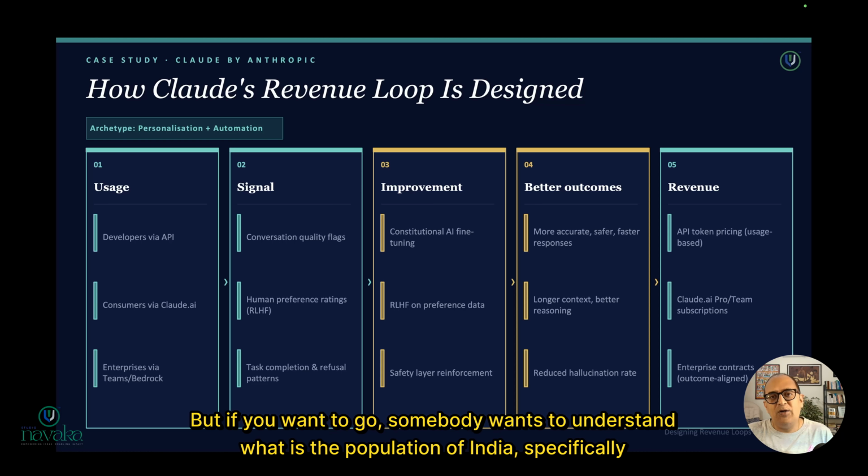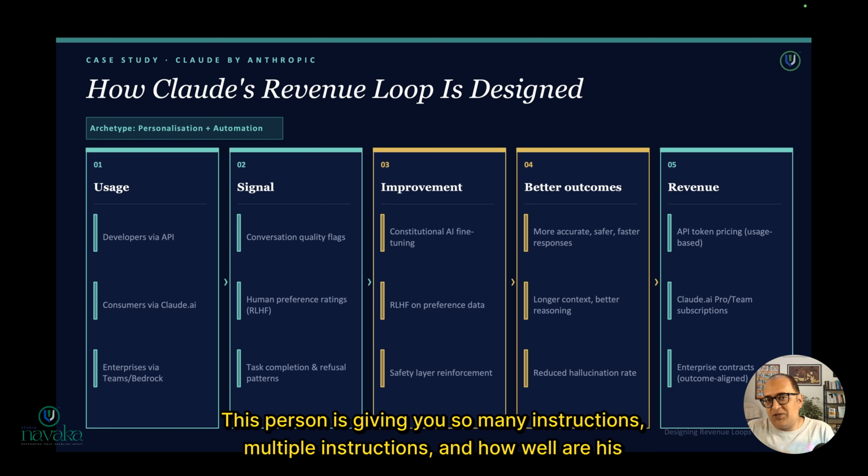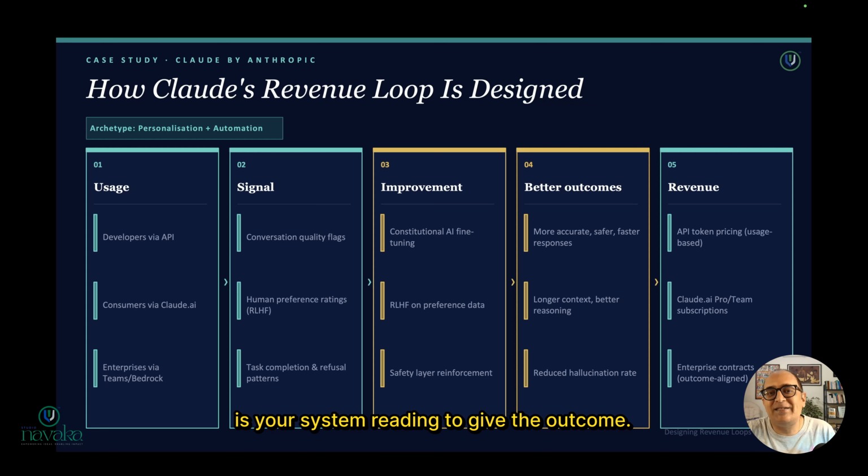But somebody may want to understand the population of India, specifically Karnataka, specifically Hassan, specifically Bangalore, and in Bangalore, specifically, let's say, N0. This person is giving you multiple instructions, and how well is your system reading them to give the outcome? So you need to address both sides.